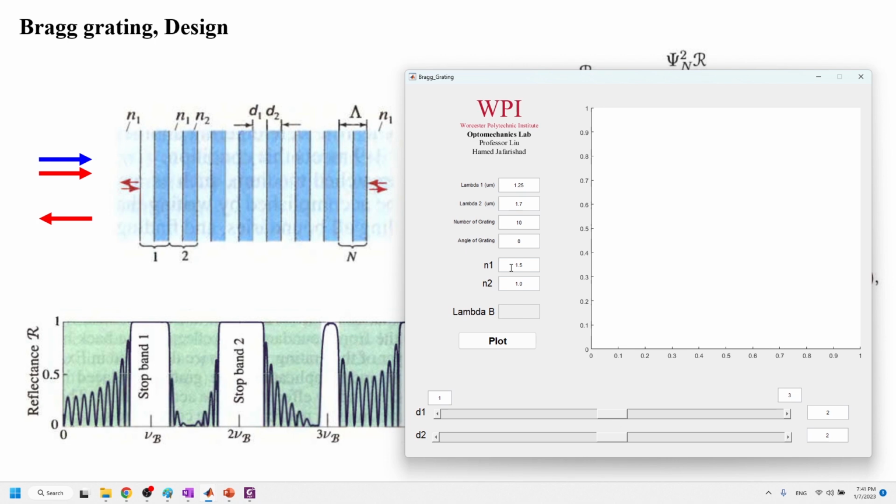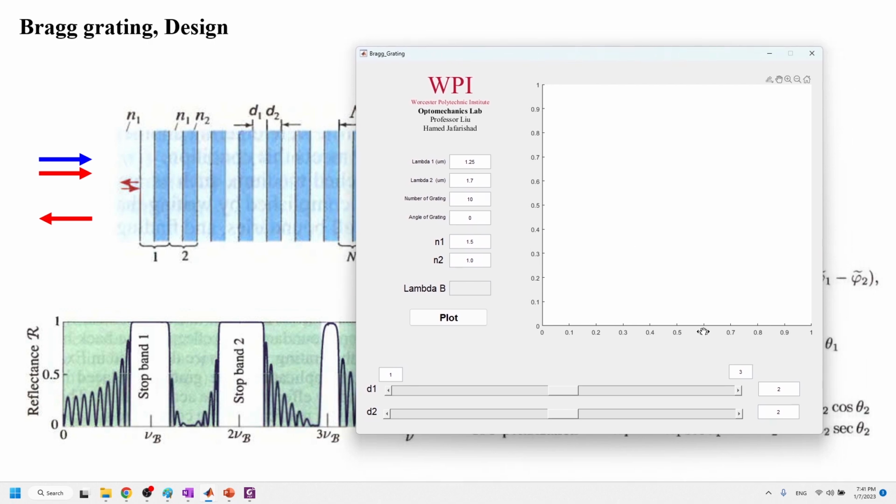Next, here we have the refractive index of medium 1, N1, and N2. At the bottom, we should assign D1 and D2, where D1 corresponds to the material N1 and D2 to material N2. Here I'm going to leave them as 2 micron in this program.